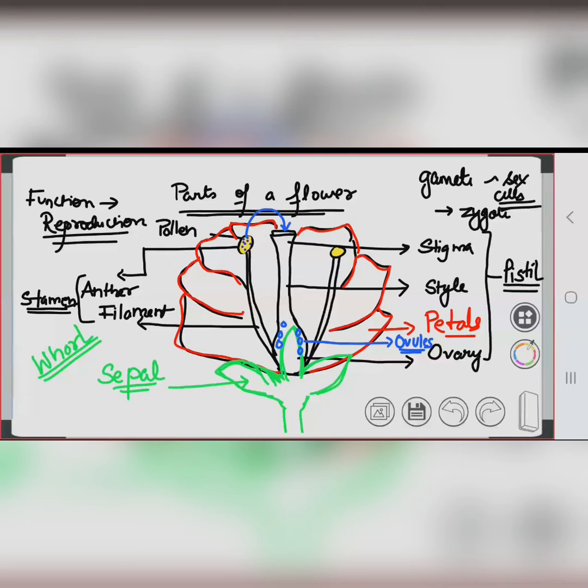So all the pollen grains which were sticking to the legs of the insects or birds will now stick to the stigma. That's why it is sticky, so that pollen grains can stick to it. Once that happens, another process called fertilization will take place. Right now, let's stop at pollination. The pollen grains get transferred to the stigma. This process is called pollination.